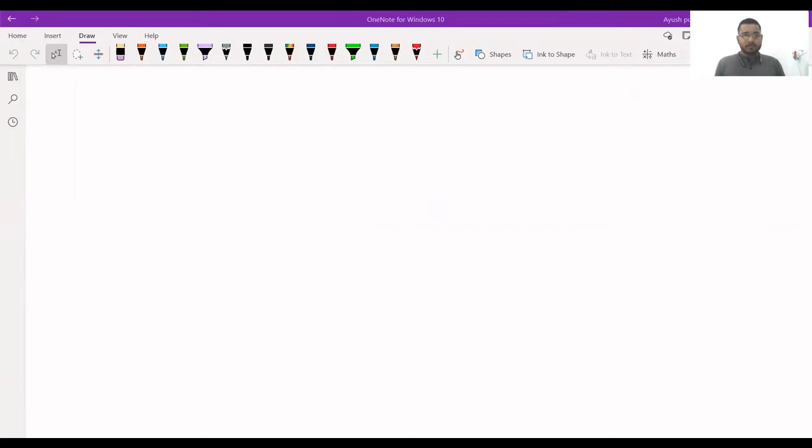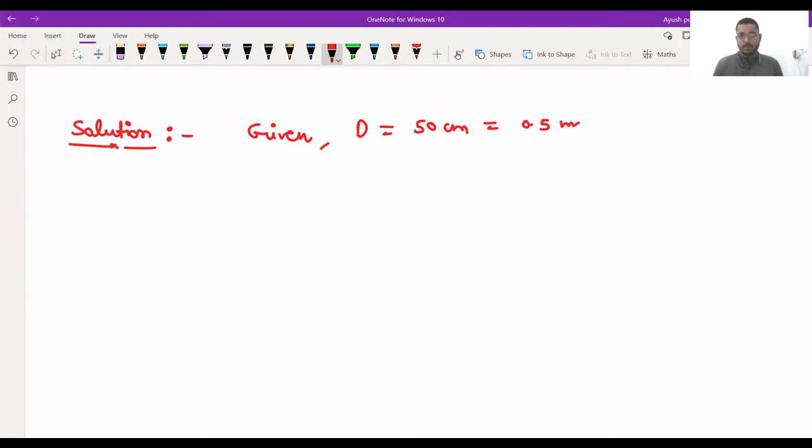So the solution. First, let's see what quantities are given. Capital D is given, that is 50 centimeters. Let's convert it into meter, so that will be 0.5 meter.